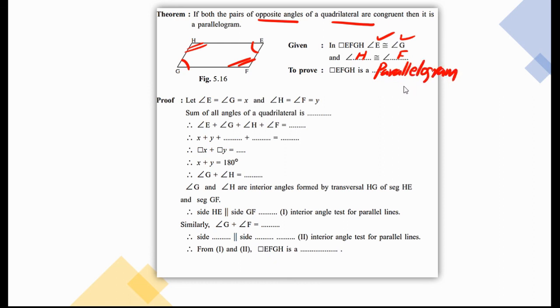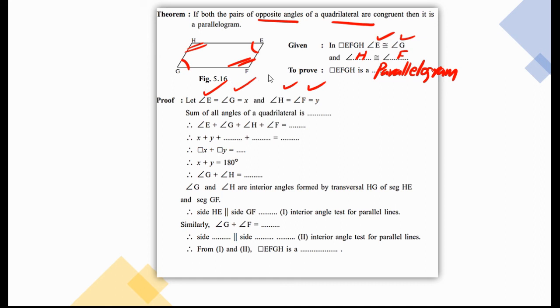ये अभी मैं लिख रहा हूँ. मैं लिखने से आपको लिखने नहीं होगा, उसके लिए आपको ही लिखना है. लिख लिख के ऑटोमेटिकली आना शुरू हो जाएंगे. चलो, here it is given angle E is equal to angle G because they are opposite angle. We know that. And angle H must be congruent to angle F. They are opposite angles of a parallelogram.